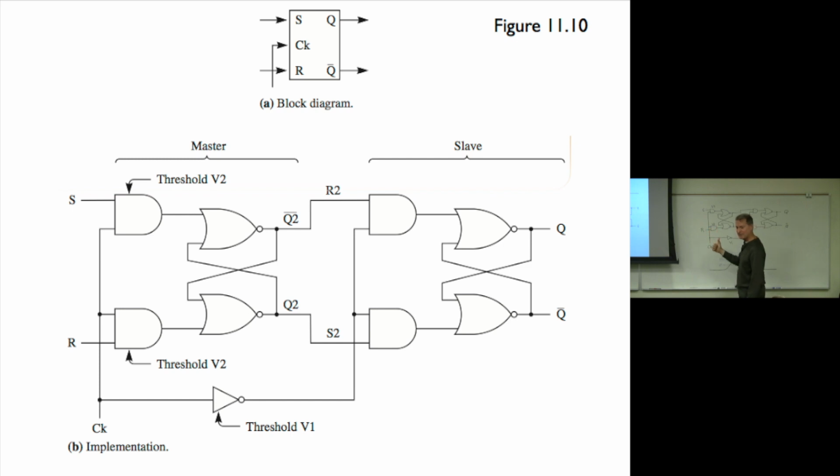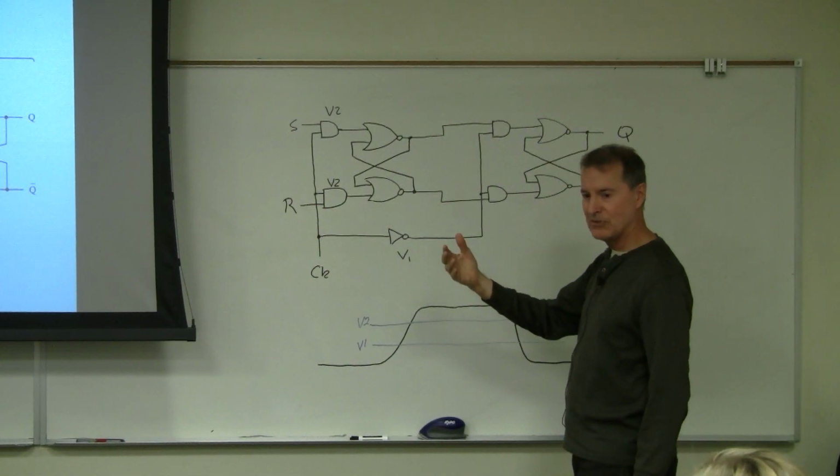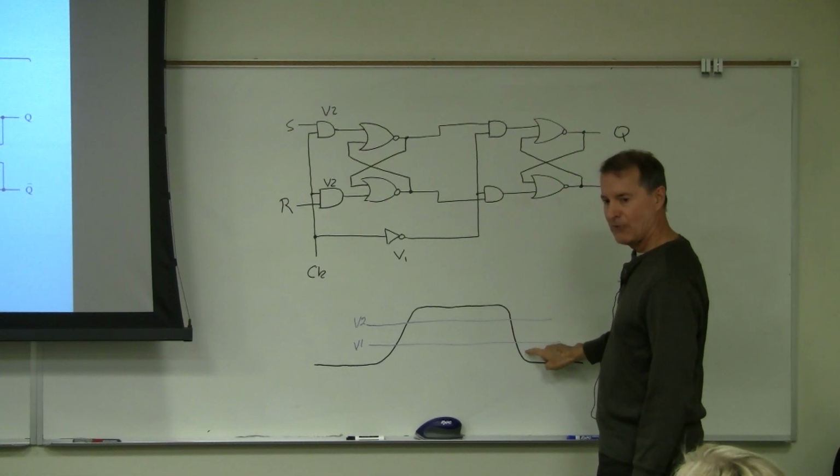Are you with me? And not only that, on the way down, what's going to happen? The S and the R, their outputs are going to do what? They're going to flip before V1.